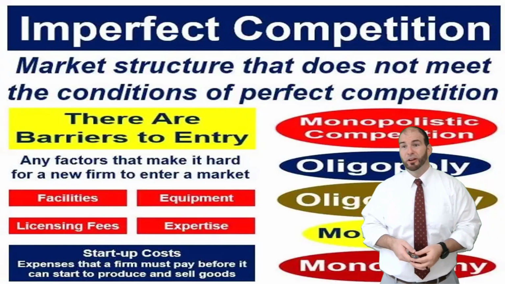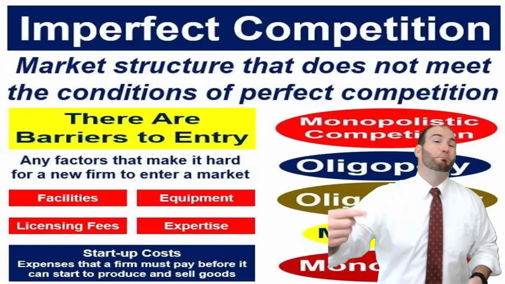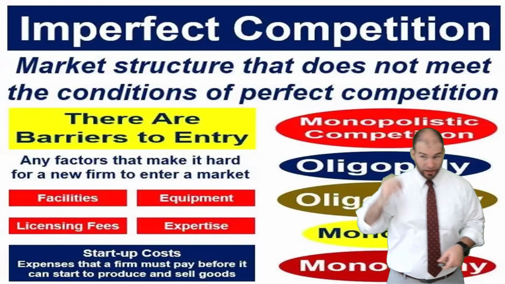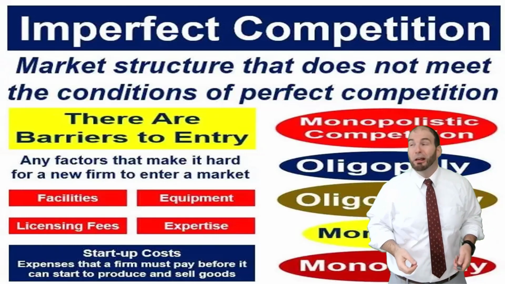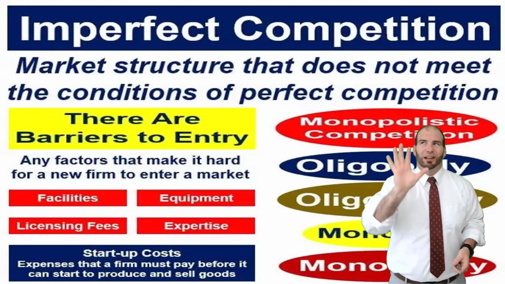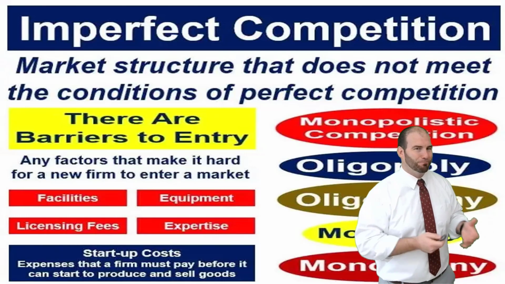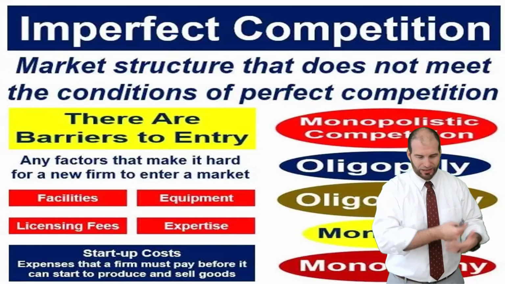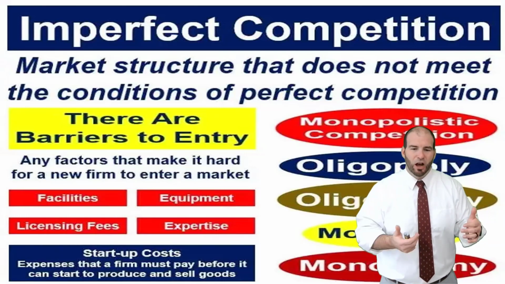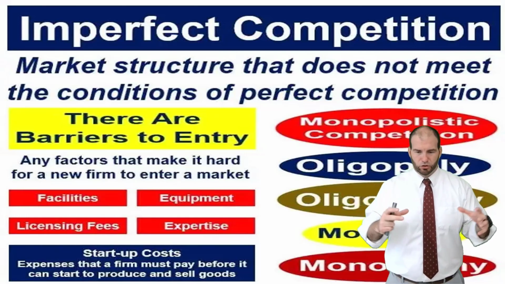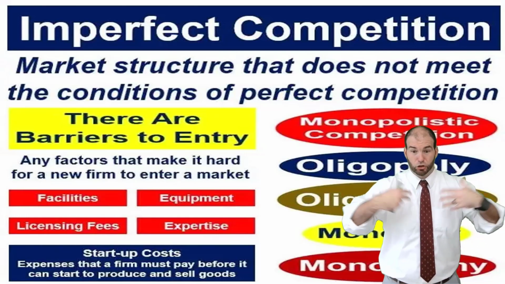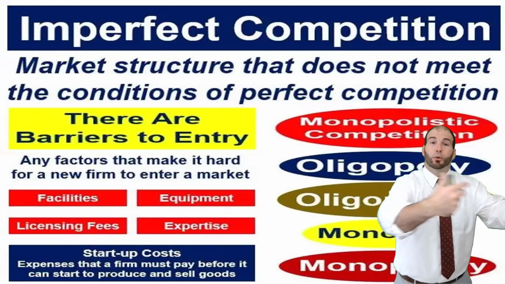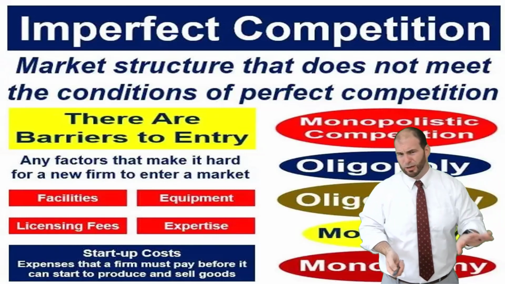So this brings you to imperfect competition. This is the opposite of perfect competition, where everything's trash. Let me clarify: since nothing can actually be perfect competition, because that's imaginary, markets usually strive, especially from the consumer's perspective, to reach perfect competition. All markets are imperfect.